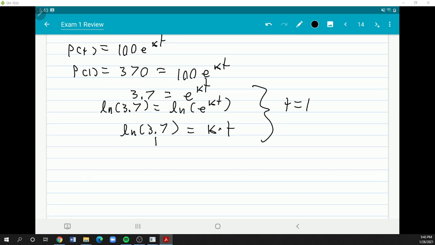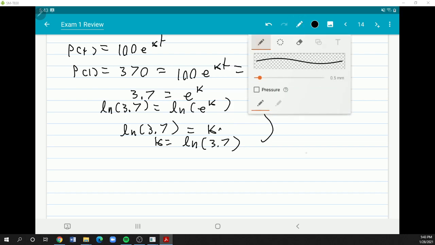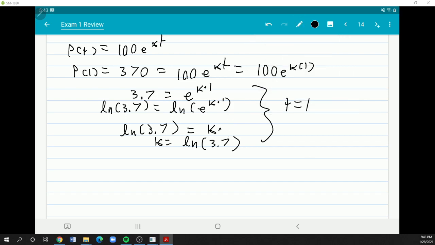So actually, k equals natural log 3.7. Let me write that here. We can plug in t equals 1, k times 1. So k is natural log of 3.7.